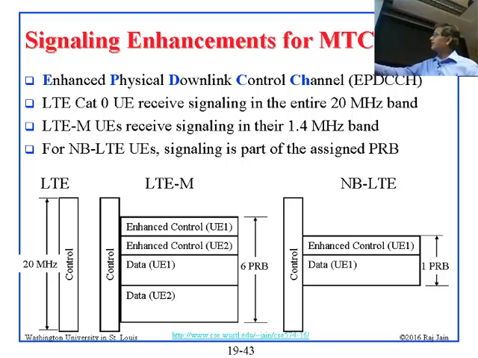So for 1.4 megahertz people, they will have this signaling here. For 1 PRB, they will have one of the 12 subcarriers devoted for the control. So they have to make these changes to support narrow band.